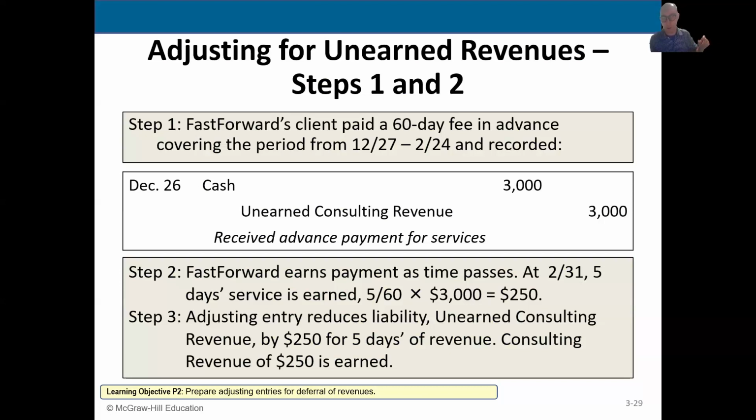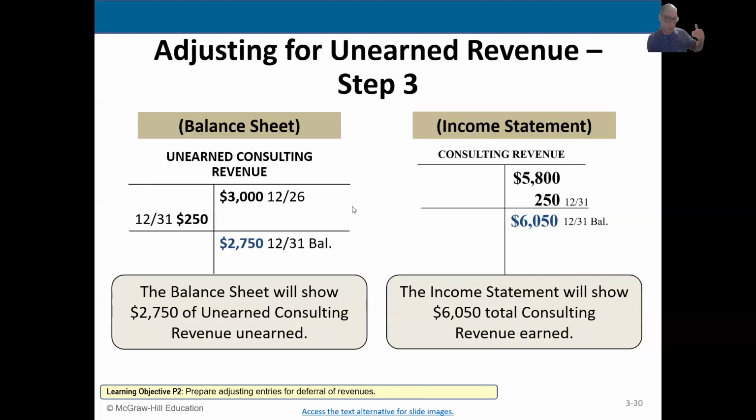So at the end of February, we debit unearned revenue. We credit revenue, $250. But that's the adjusting entry that we make. So we debit unearned revenue and we credit revenue.